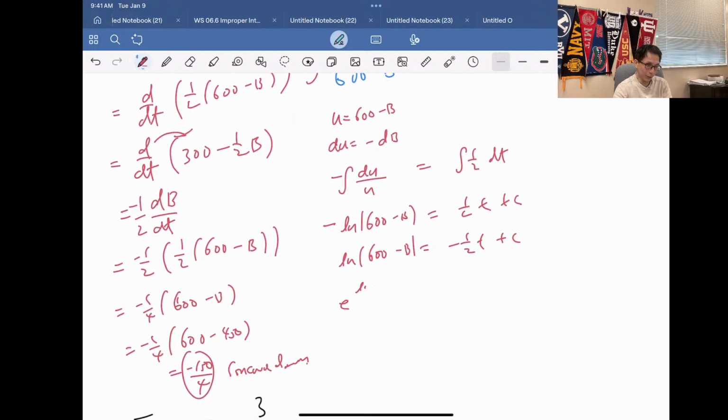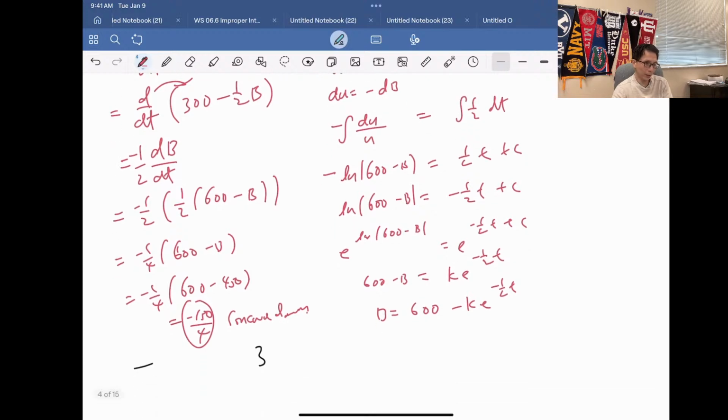Okay, e to the ln of 600 minus b, and that's e to the negative 1/2 t plus c, which we know is k. So it'll be 600 minus b equal to k e to the negative 1/2 t. So b is equal to 600 minus k e to the negative 1/2 t.